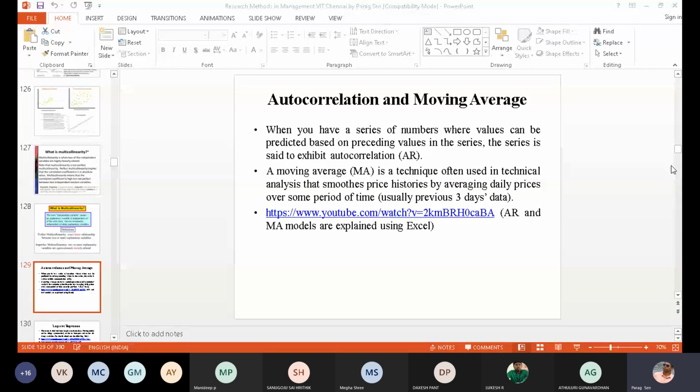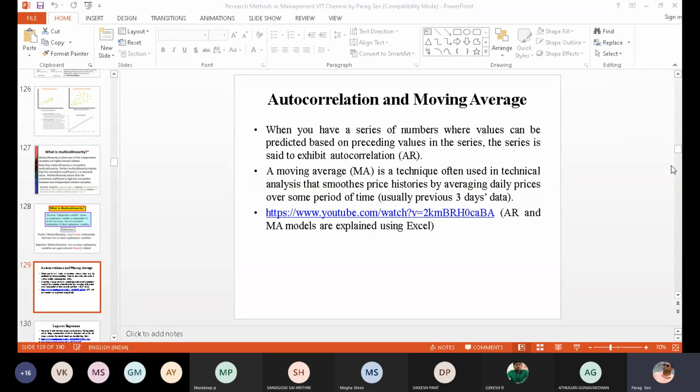A moving average is a technique often used in technical analysis that smooths price histories by averaging daily prices over some period of time, usually the previous 3 days' data. Since we are discussing regression, we need to have a basic idea about autocorrelation.